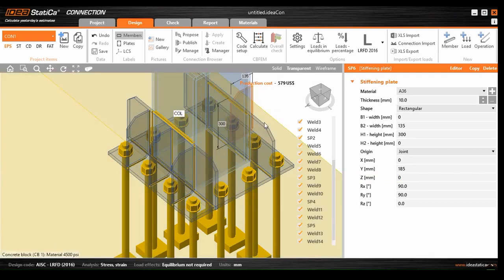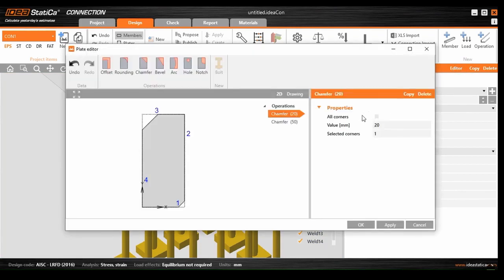So then we need to change the chamfers in this plate. So go to the editor. So delete these two chamfers here. Delete.